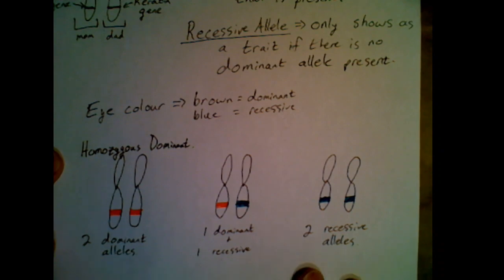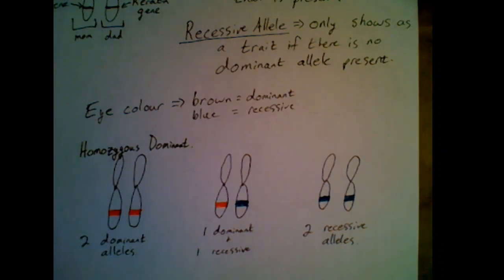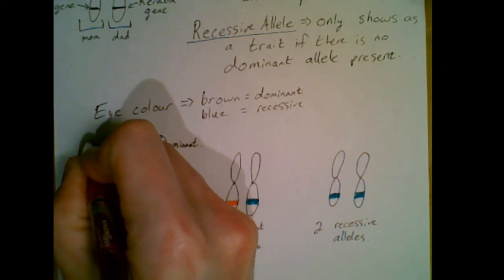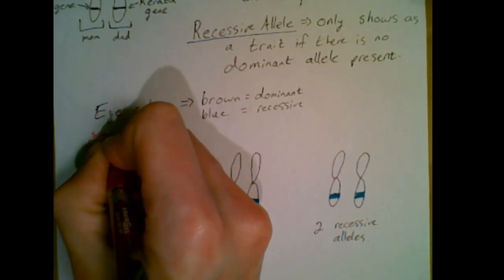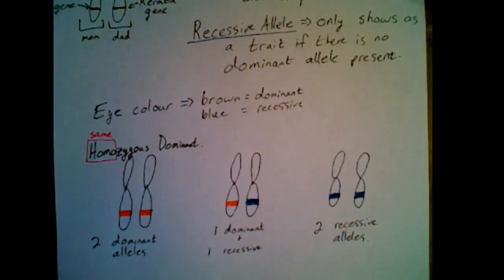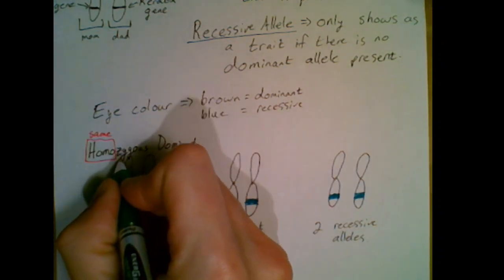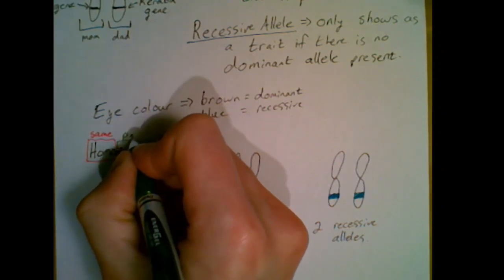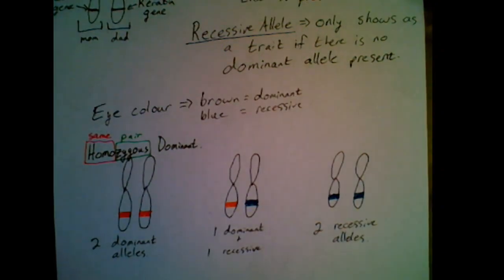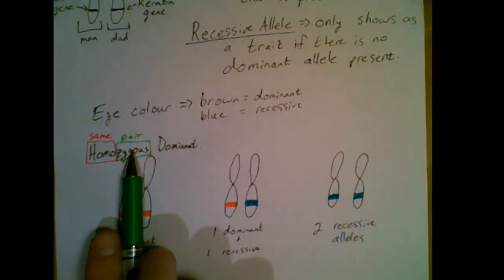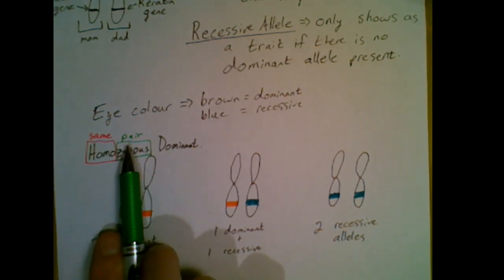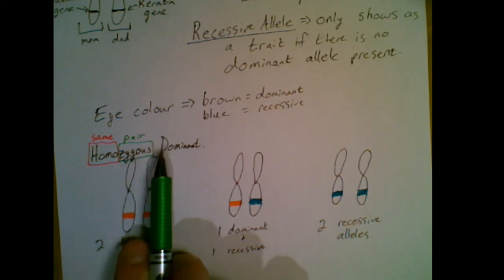Why do we call it that? Well, just so you know, the prefix homo means same. The ending zyg or zygos means pair. And so when we say homozygous dominant, we mean same pair of alleles, and they're both dominant alleles. Homozygous, same pair, dominant.